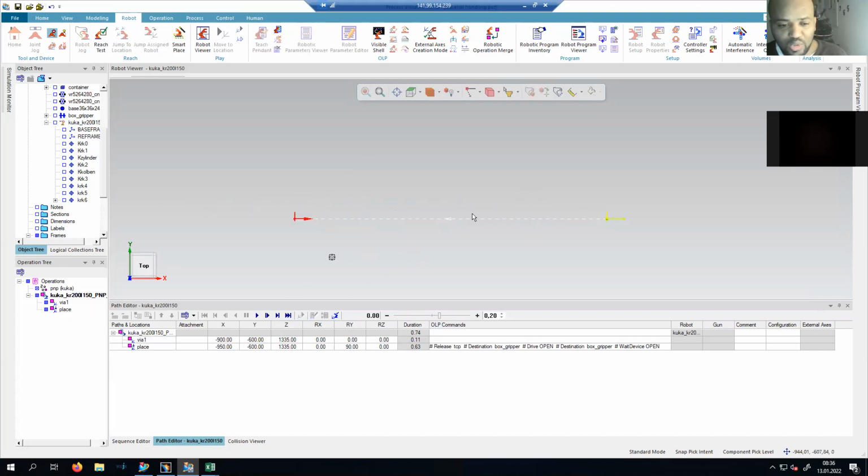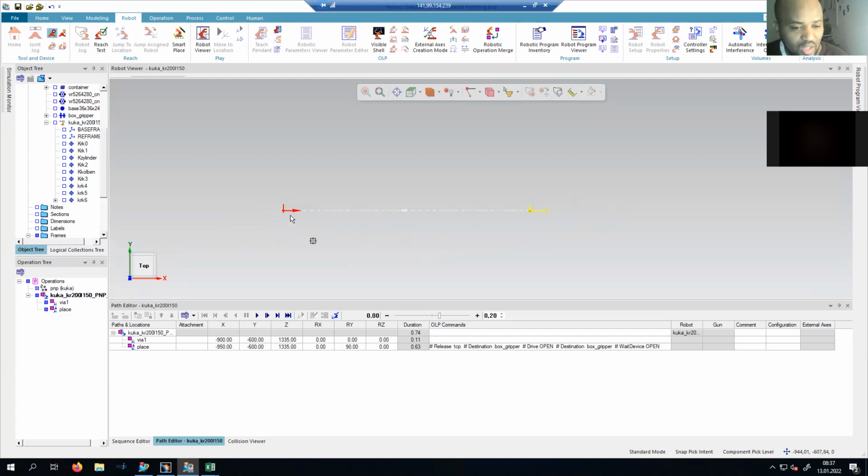Actually, the good thing is it shows you with an arrow. Now, this second one is the place. So you have a global coordinate system. From the global coordinate system, you align your initial point, which is the via point, marked with yellow.